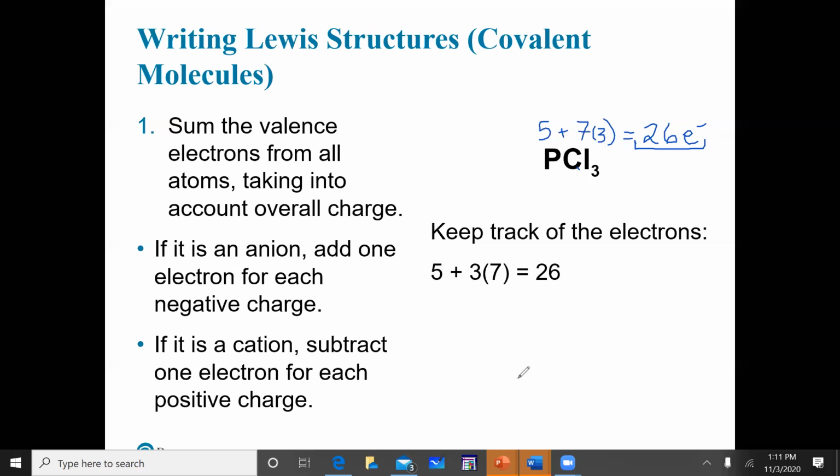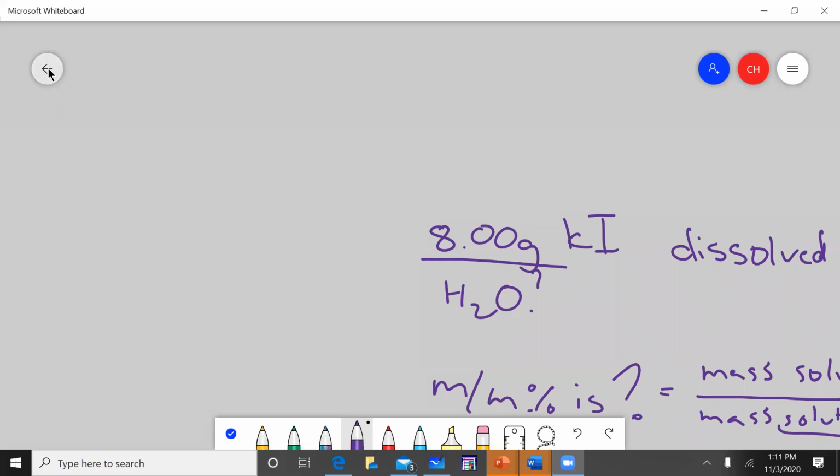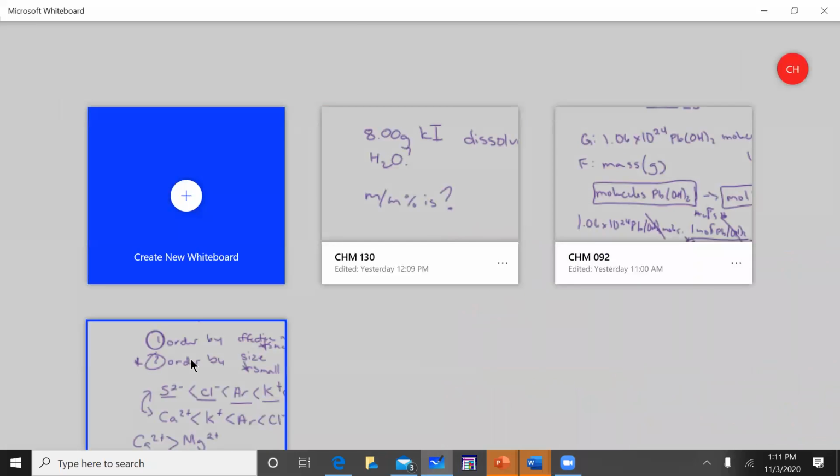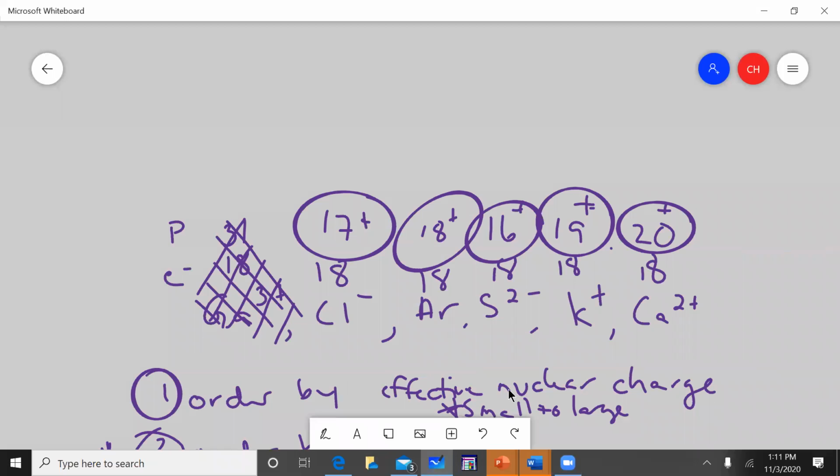But let's just look at this one here. As far as writing a Lewis structure, I'm going to go over here to a separate page. So we've got PCl3.